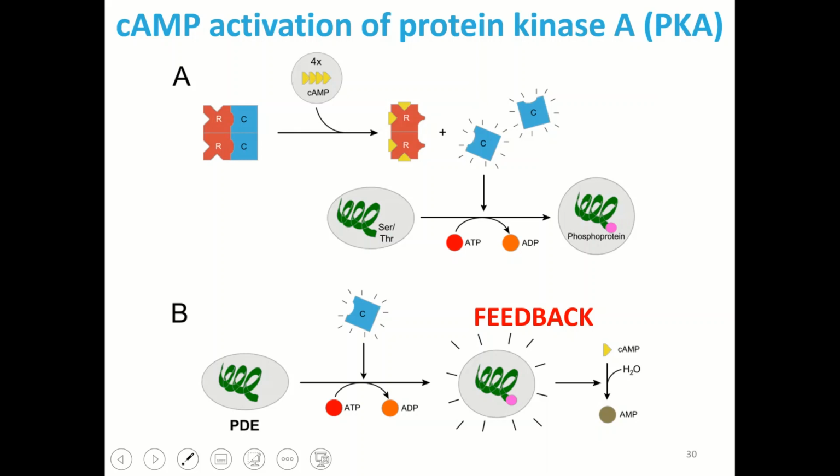It turns out that one of the proteins PKA phosphorylates is phosphodiesterase, PDE. Phosphodiesterase, if you also remember, is the enzyme that cuts the cyclic AMP and converts it back into AMP, just normal AMP, thereby inactivating the cyclic AMP.